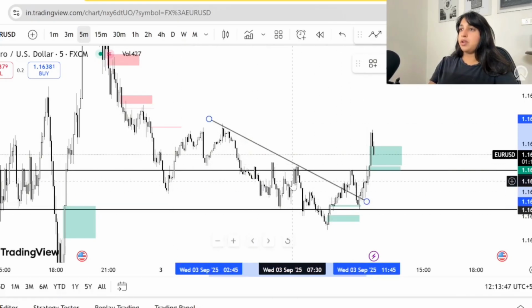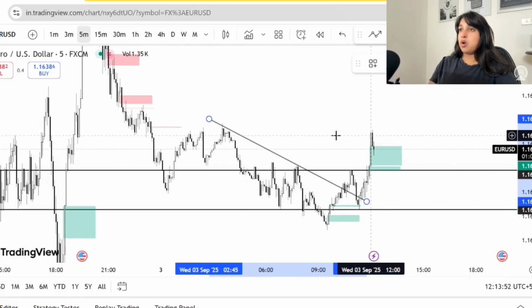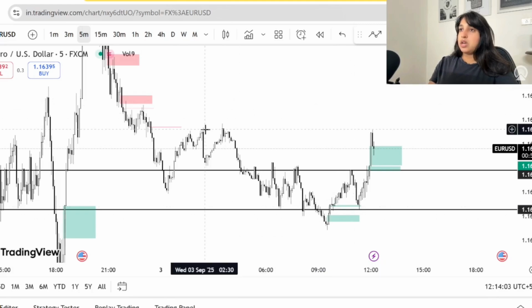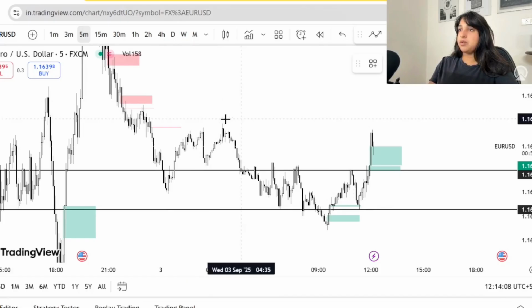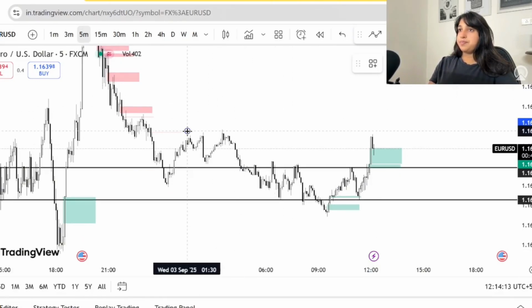It's coming down, coming down, coming down, and eventually it got liquidated, right? So this was the relative equal highs that had to be taken out, and most possibly we can see somewhere here a bit of retracement or reversal.